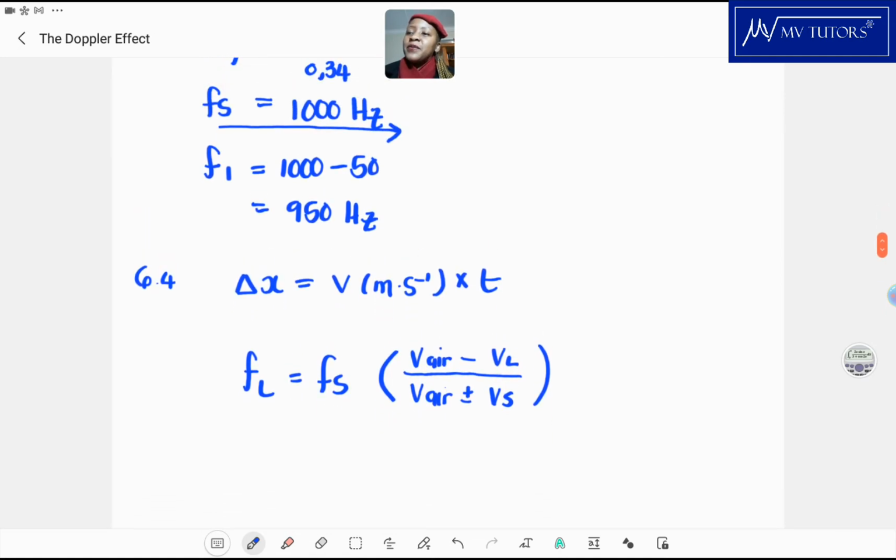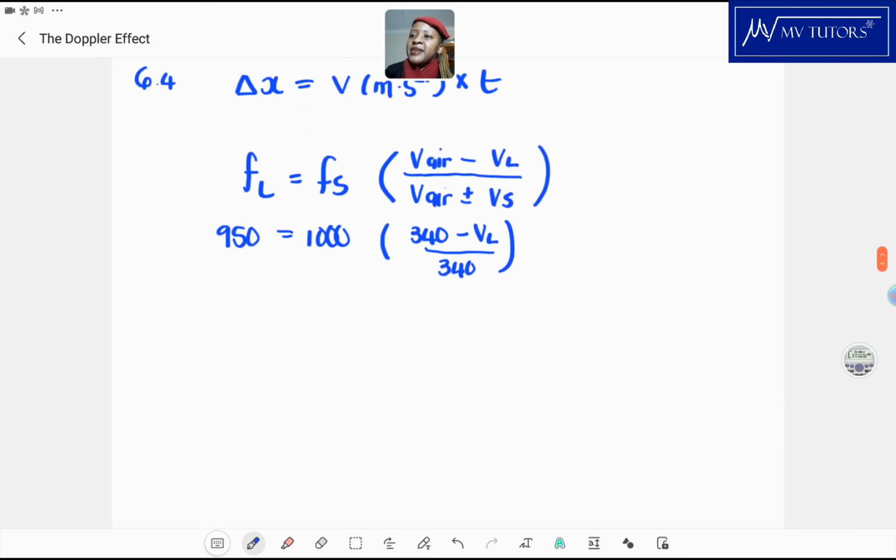Now we have this frequency of the listener, which is 950. The frequency of the source, which is 1000. The speed of air is 340. Our unknown speed of the listener. And then we have 340 because the speed of the source is 0.